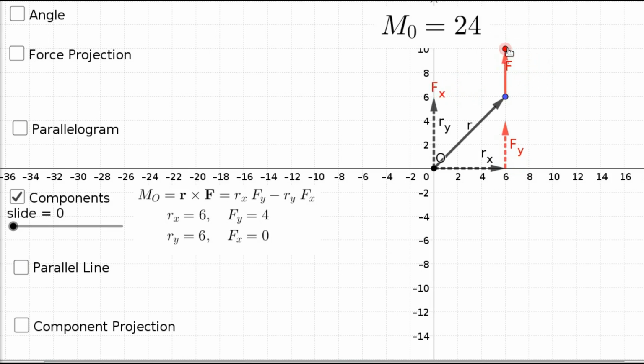And if we move F in the other direction, let's do it this way. Now here, the Fx component is negative, so we have Ry times a negative Fx, so this actually gets added. So it gives us our positive moment as everything is moving in the counterclockwise rotation.